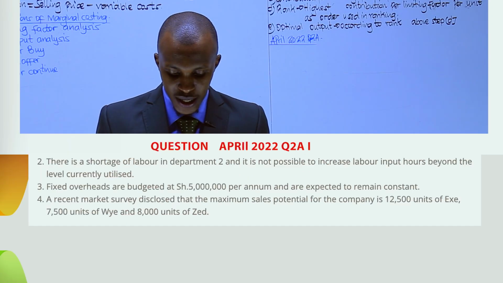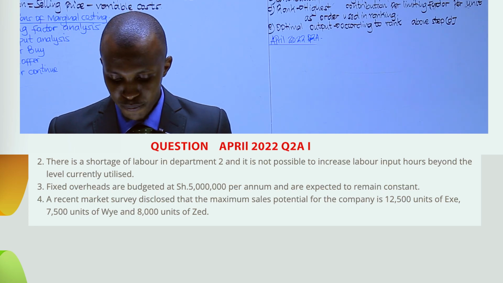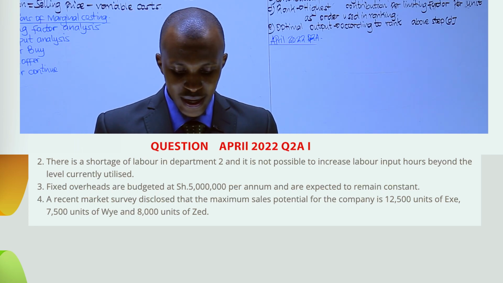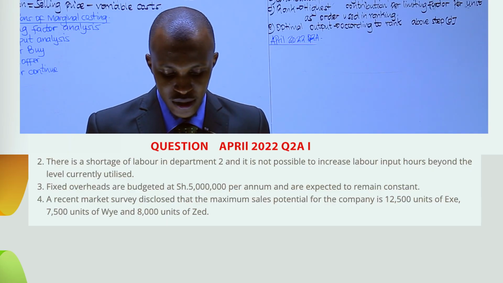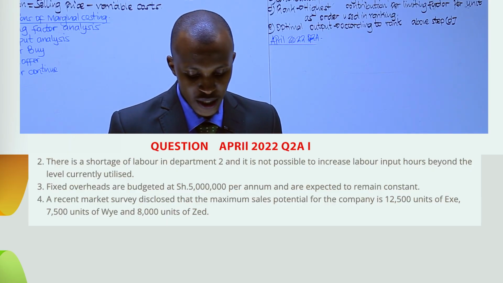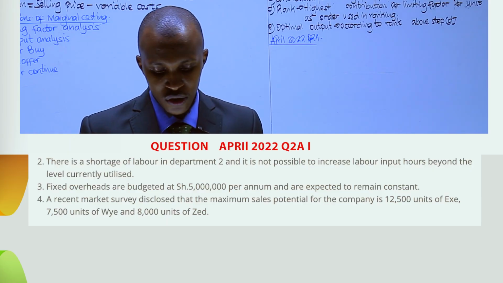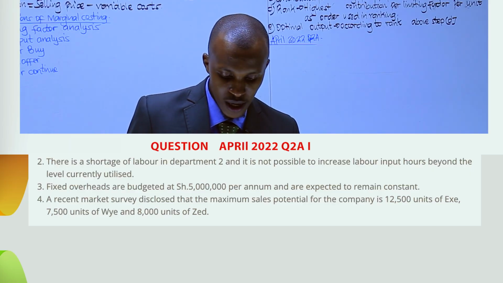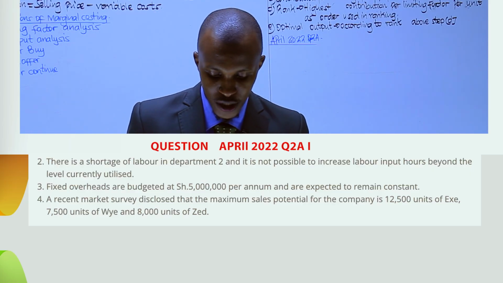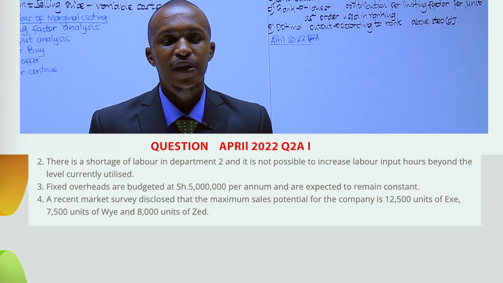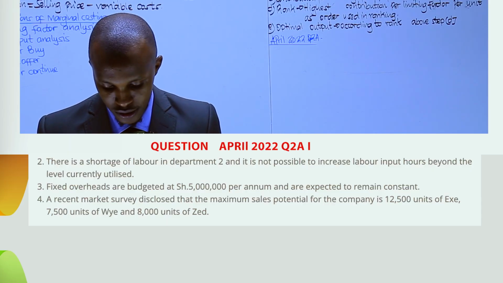Number 2, if there is a shortage of labor in Department 2 and it is not possible to increase labor input hours beyond the fully utilized current hours. Fixed overheads are budgeted at 5 million shillings per annum and are expected to remain constant.